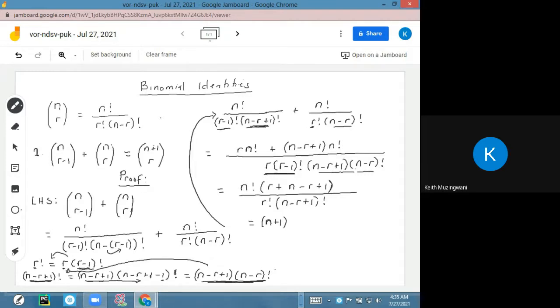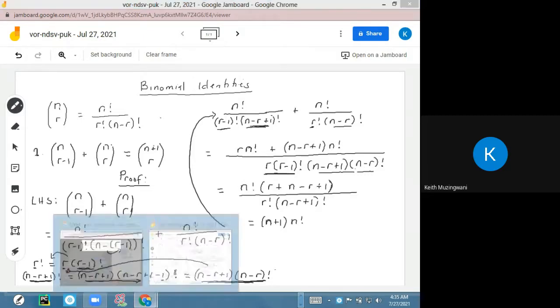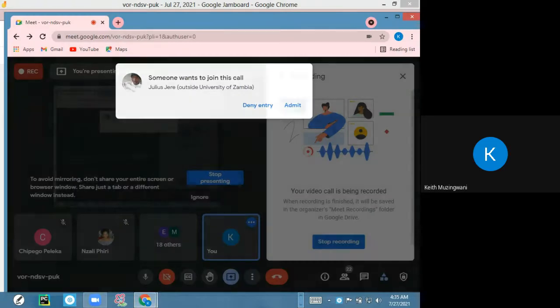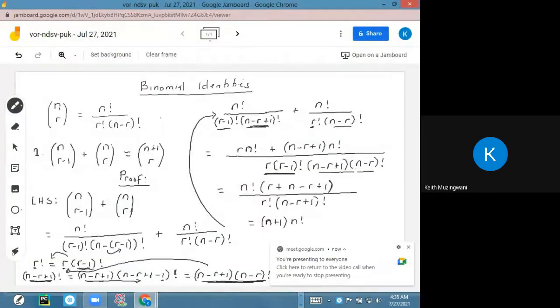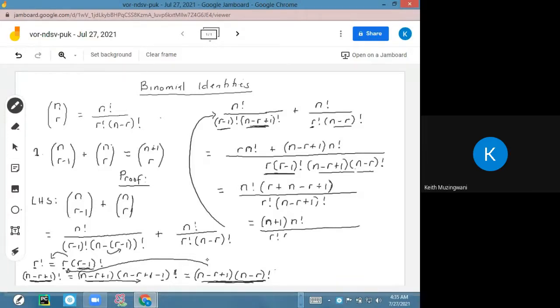It is just n plus 1, since r minus r is 0, and then there will be an n factorial up there, so that we divide by r factorial n plus 1 minus r factorial.